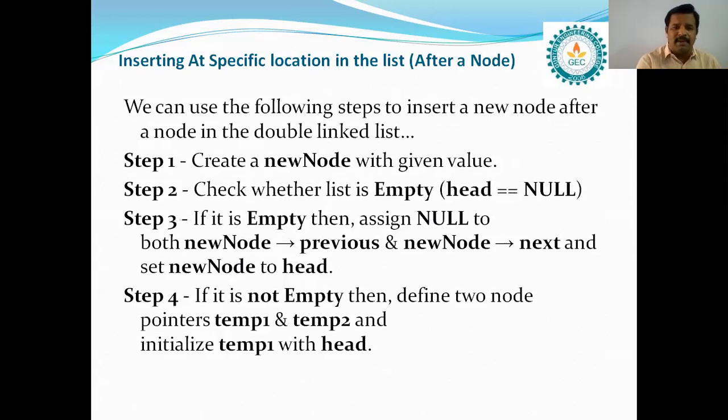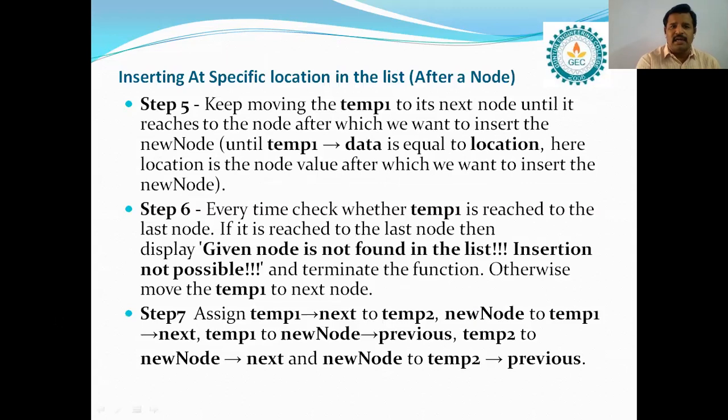Suppose the list is not empty, then we can define two pointers, temp1 and temp2, and initialize temp1 with head. After that, keep moving temp1 to its next node until it reaches the node after which we want to insert the new node, right? Until temp1 data is equal to location, where location is the node value after which we want to insert the new node.